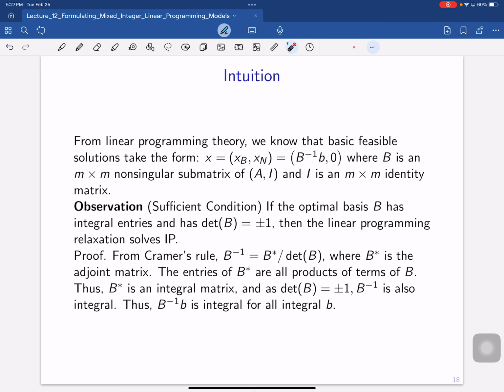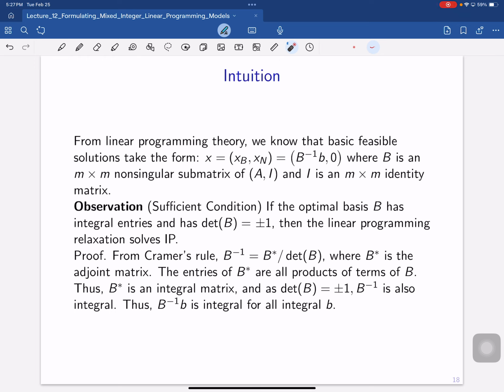So now with that, if all the entries are integer, then the determinant would be integer. The determinant is some function where you pick one atom, multiply with another atom in each row, and so forth, right? So that's why if all the entries are integer, then the adjoint matrix is also integer.